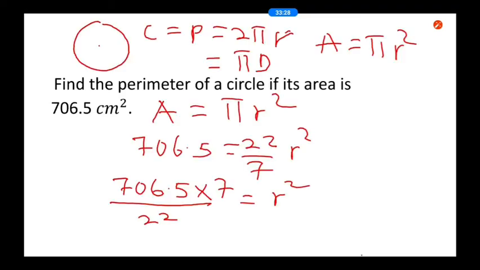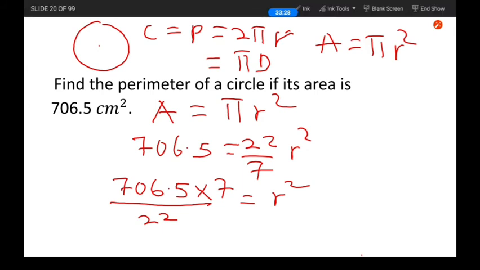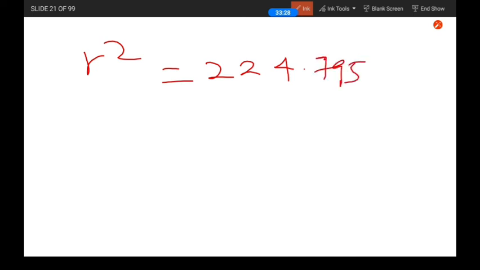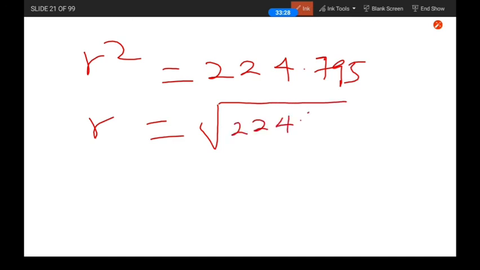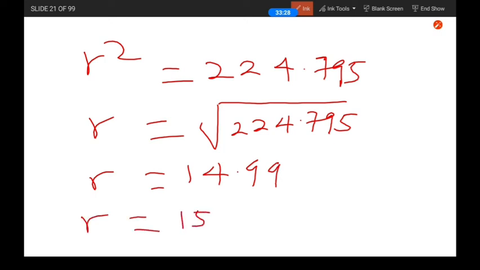So what do we get there? We are going to be getting r squared will now be 0.795 if we divide very well. So that r will now be square root of 22 for 0.795. So that r becomes 14.99. We can approximate to a whole number to be this.